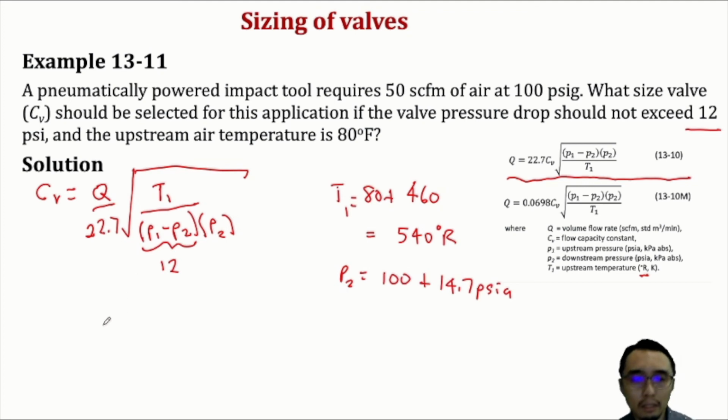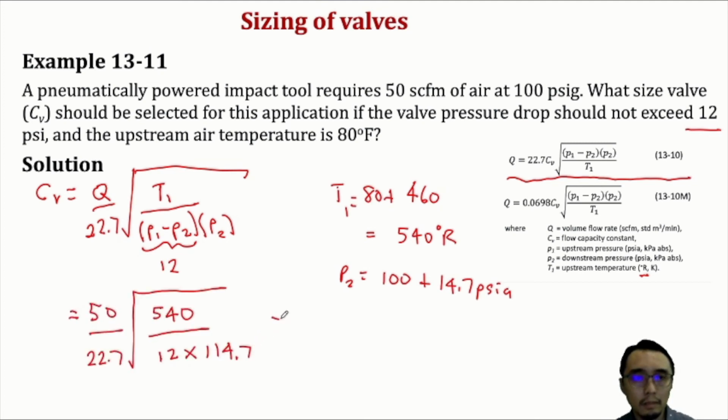We can just substitute the values and calculate. If you do this, then you will get 1.38. So any valve with a CV of 1.38 or greater can be used.